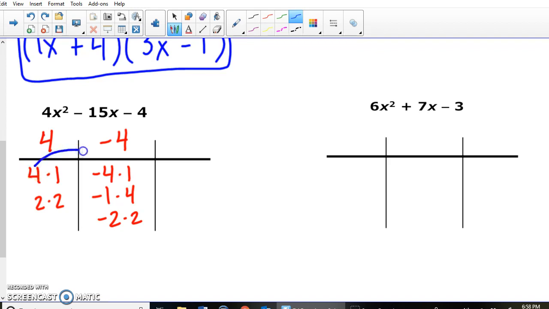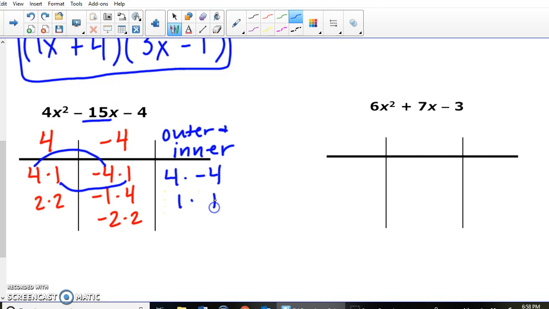Okay, so let's say I just start with my first one here. 4 times -4 gets me -16. Well, 1 times 1 is 1. -16 plus a +1 gets me to -15. So on my outer and inner, I'm going to list them with their partners. So I took 4 times -4 and 1 times 1.